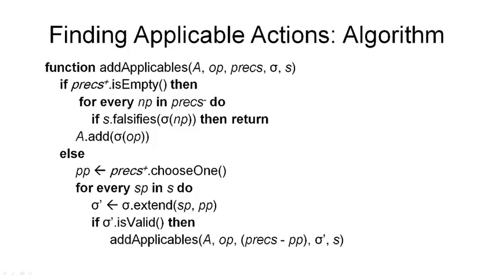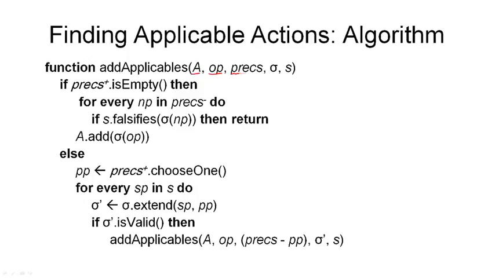And here is an algorithm that you can use to find the applicable instances of a given operator in a given state. This function addApplicables takes 5 parameters. The first is A, the set of actions, and this is initially empty. This is just the set in which we collect the result of this function, so the applicable actions. Then we give it an operator of which we seek instances that are applicable in our state.